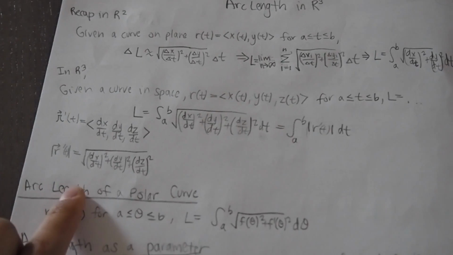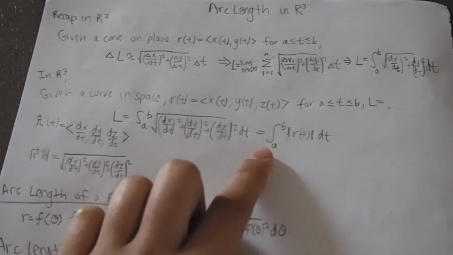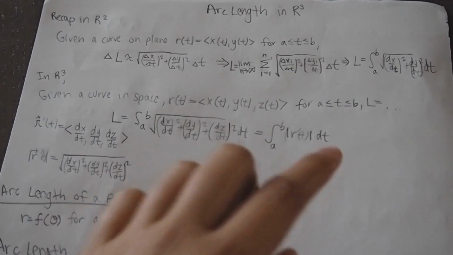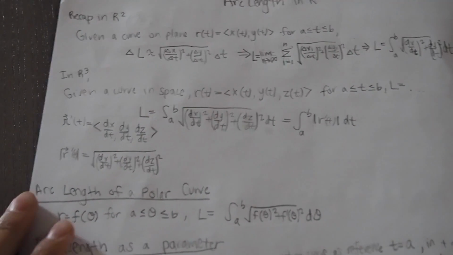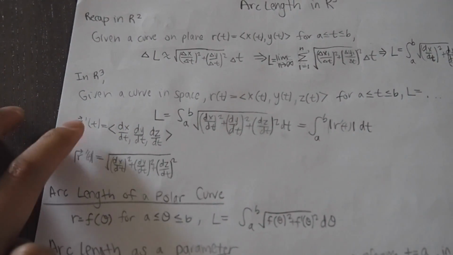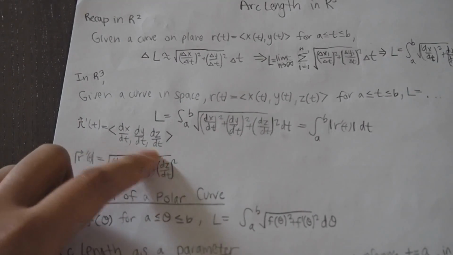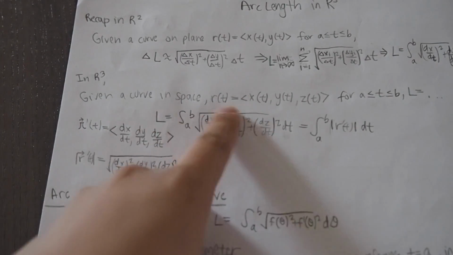And really, this is the definite integral of the magnitude of the derivative of the curve r(t) with respect to t. How we got that was that if we find the magnitude of the derivative of r(t), we get what's inside this definite integral.